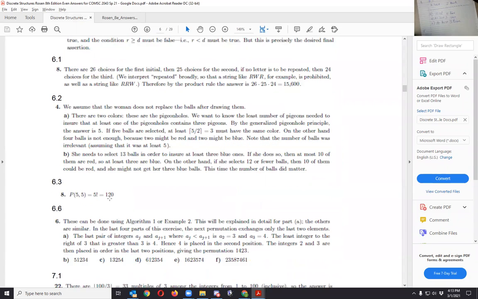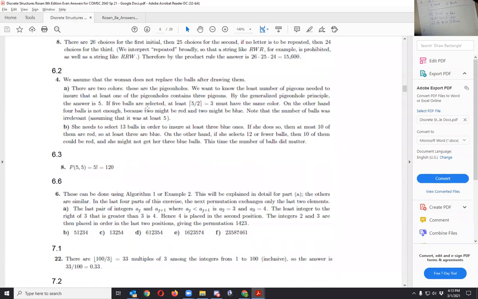6.2. So here's the solution they have in 6.2. They say there are 2 colors. These are the pigeonholes. We want to know the least number of pigeonholes needed to ensure that at least one of the pigeonholes contains 3 pigeons. By the generalized pigeonhole principle, you are so welcome. The answer is 5.